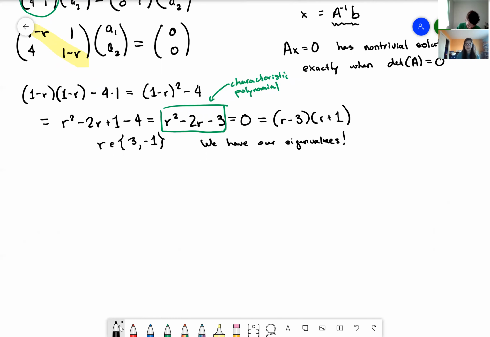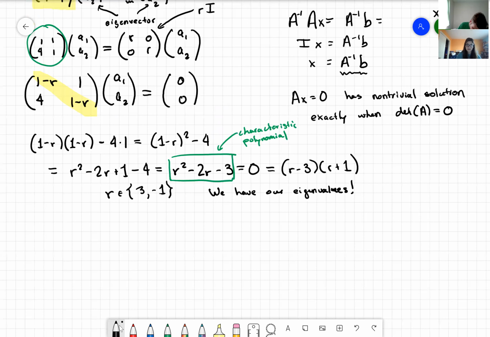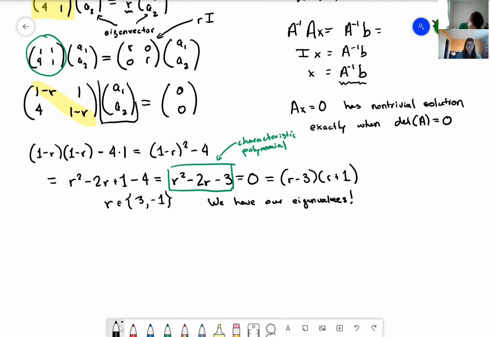Well, that's going to give us our r1 and r2 for the e to the rt. We just need to find the vector now, and that vector is this (a1, a2).